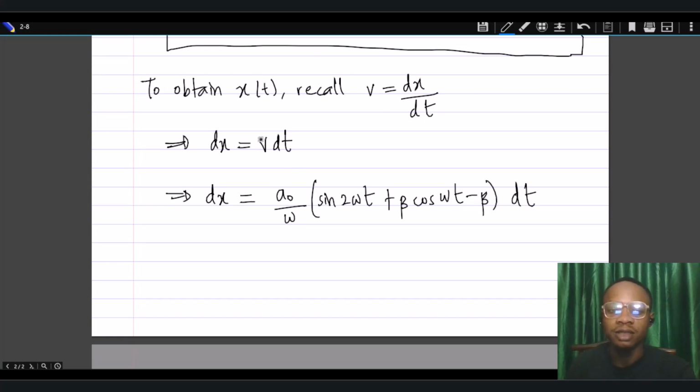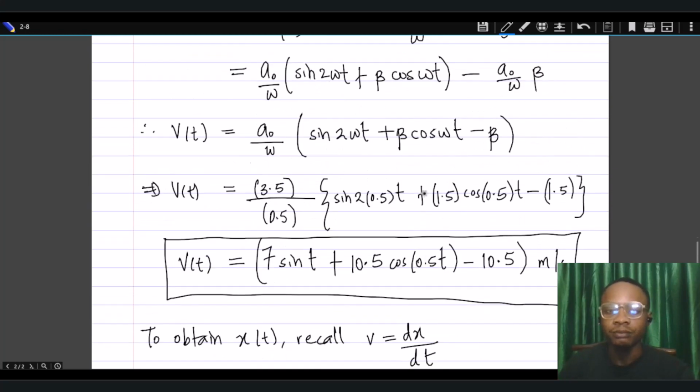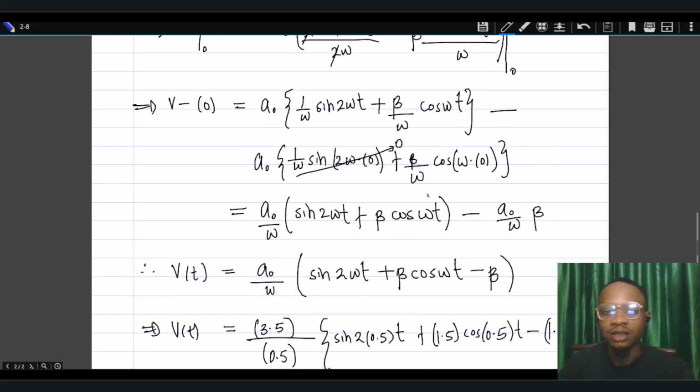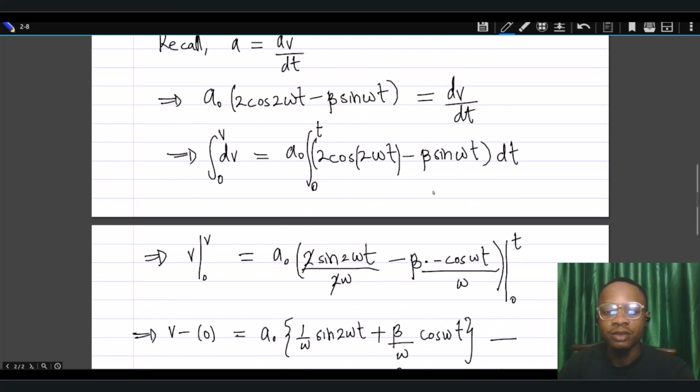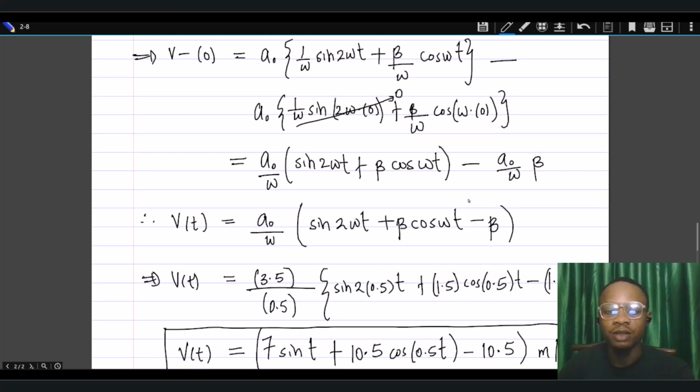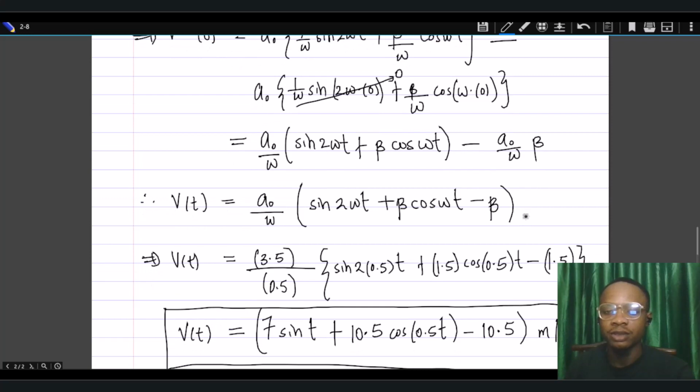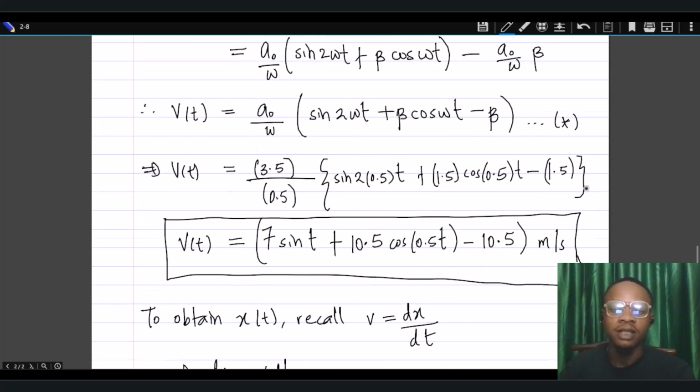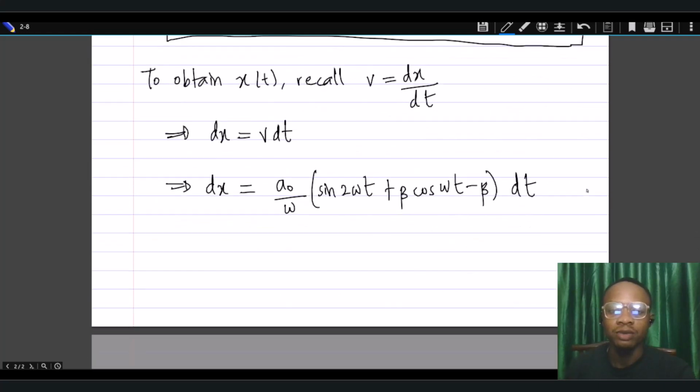So this is v right here, and this is dt. We can say that for us to arrive at this, we've substituted this equation, say equation star. So this follows from equation star.